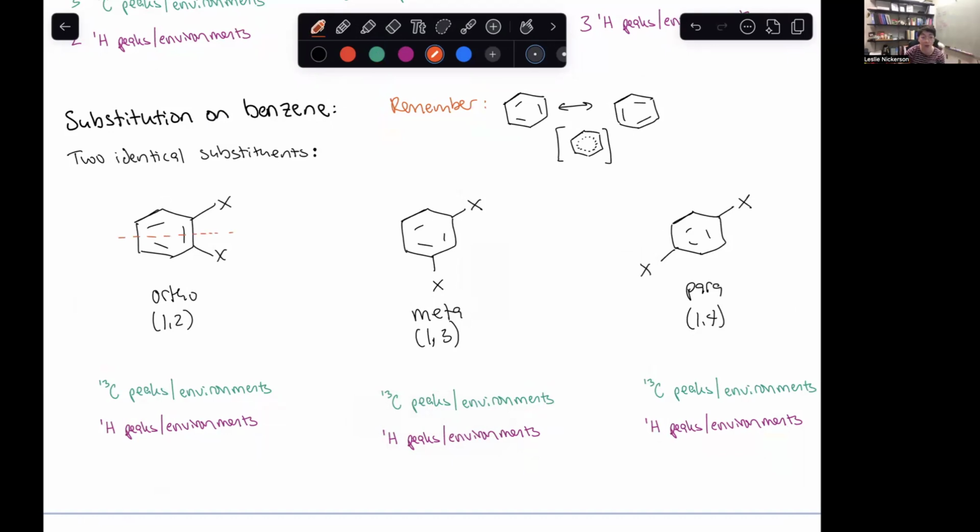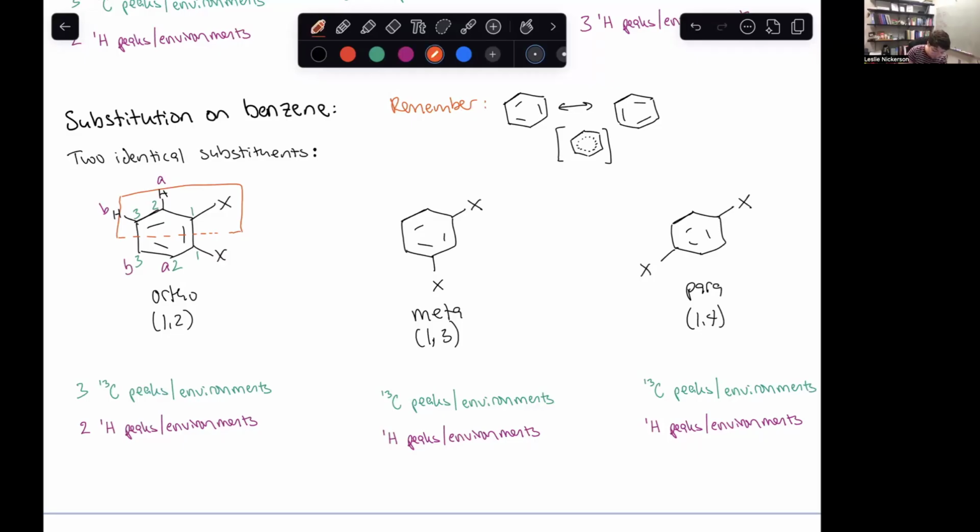And if I have an ortho substitution pattern, which this is our ortho, where I have something on the 1 and 2 positions, I can again do that same kind of situation or move where I make my little box, draw my hydrogens, and then we can see that we're going to have 2 proton environments and 3 carbon environments. And again, they're mirrored over here, so our identical ones are going to be like that.